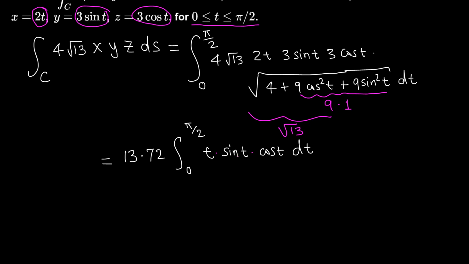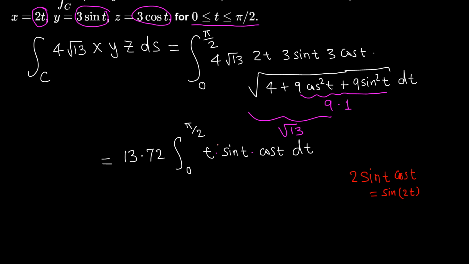We got a product of 3 functions. If we had only 2 functions as a product, then we could use integration by parts, but we got 3, so we can consider sine t cosine t as 1. But a better thing is, we know that the product of sine t cosine t with 2 is the same as sine of double angle 2t.